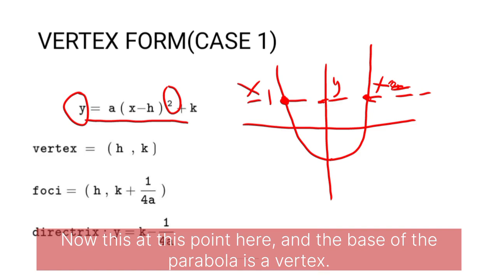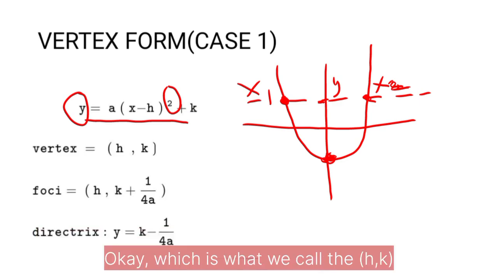Now at this point here, at the base of the parabola, is our vertex, which is what we call (h, k).